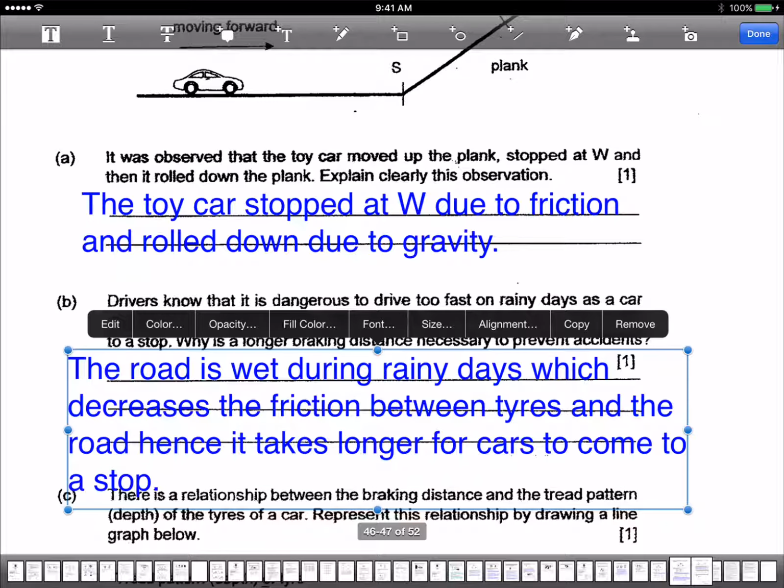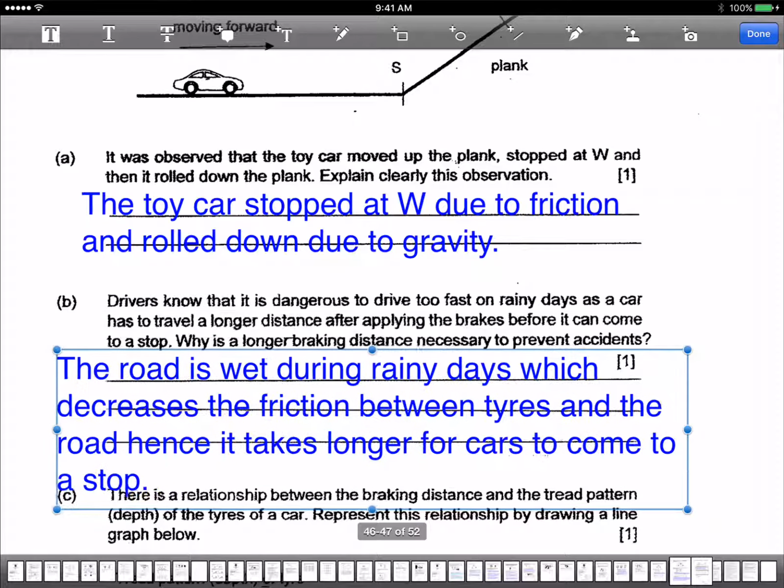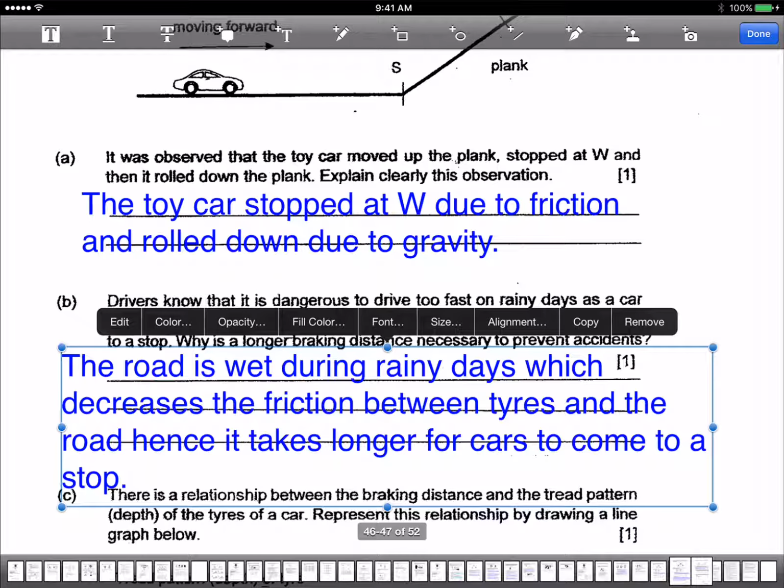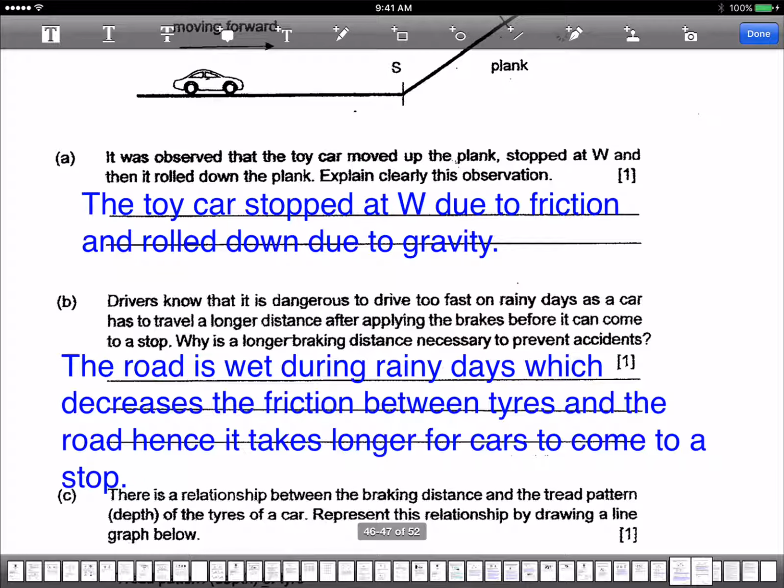Okay. Right. You mentioned that it acts as a lubricant. Yes, that's correct as well. So therefore, you need a longer braking distance. That means the person has to brake earlier. Don't wait until the last minute before stepping on the brakes.